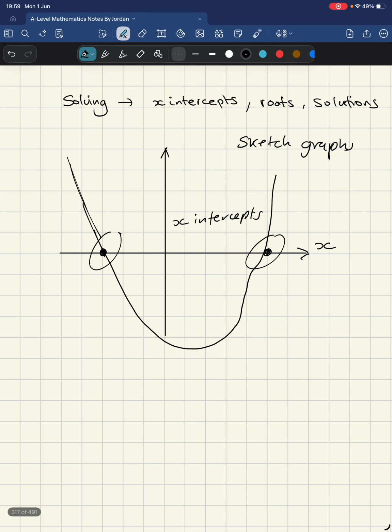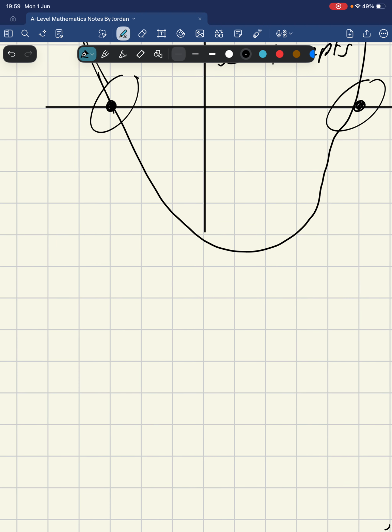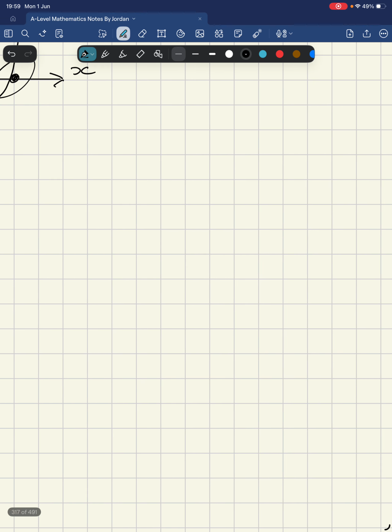Okay, so let me just make a question. I've got it over here, haven't I? So if I said sketch y equals x squared, let's do 7 actually.